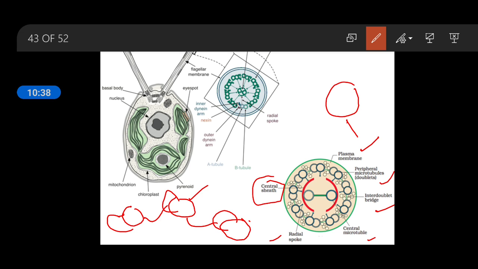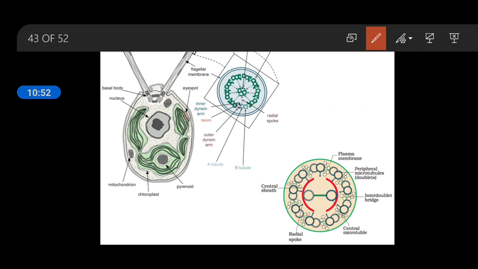So I hope that you understand the arrangement. Okay, so don't panic so much. It is a very simple diagram. If you see it 2 to 3 times, you have to remember that it has a 9 plus 2 arrangement: 9 microtubules in the form of doublets present at the periphery, and 2 microtubules in singlet form present in the center.